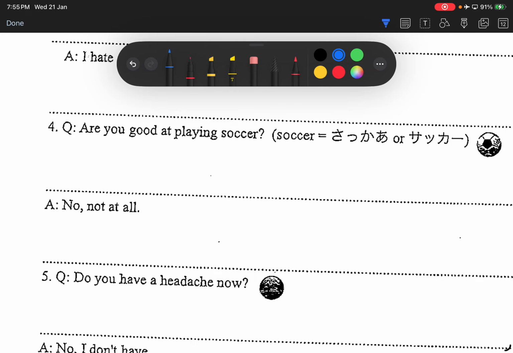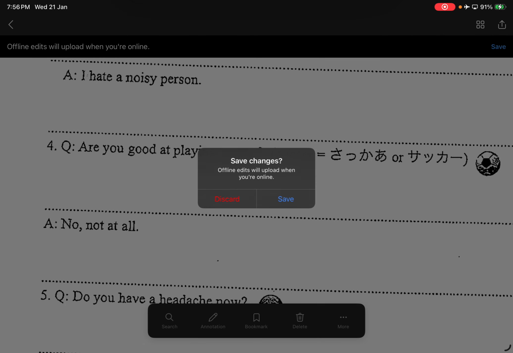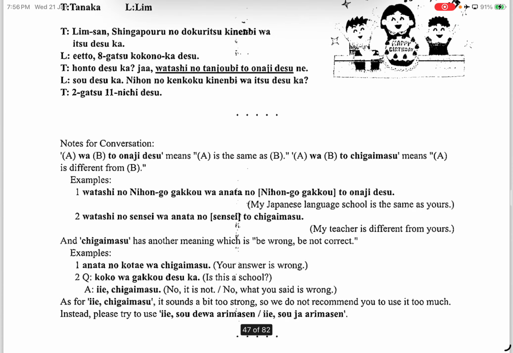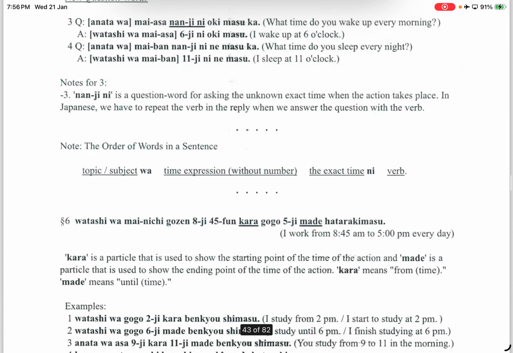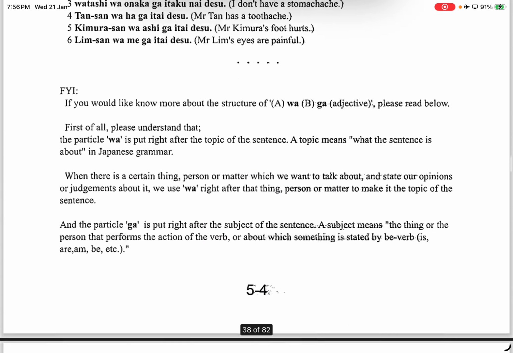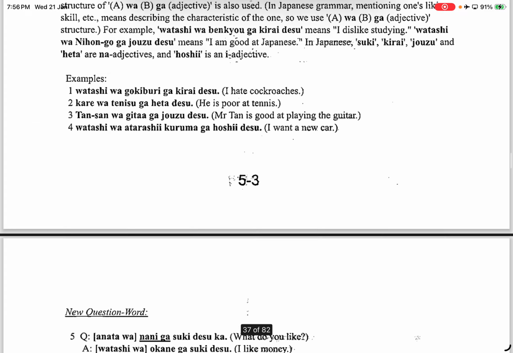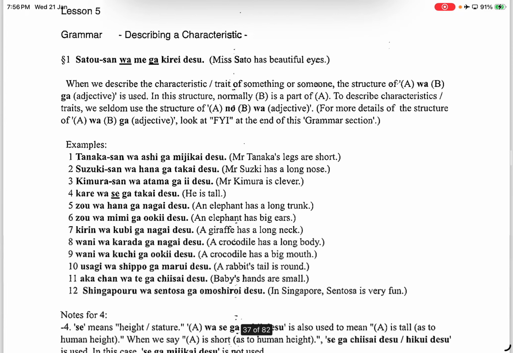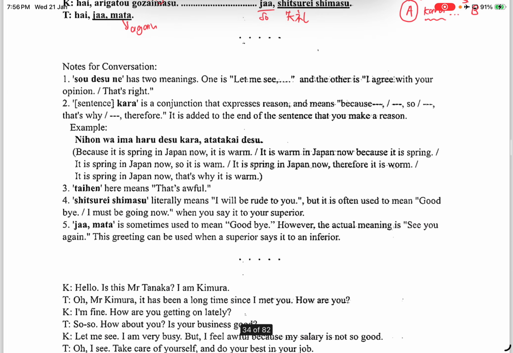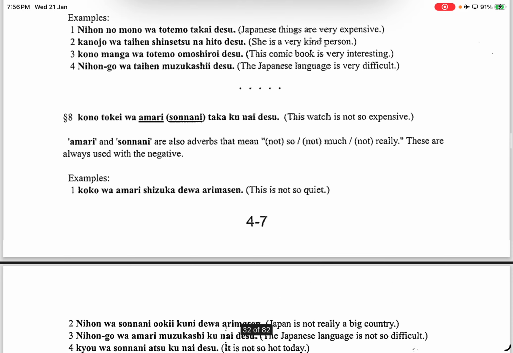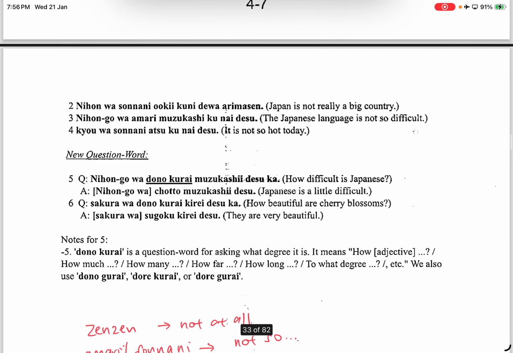Okay, we learn adverbs before, right? We learn adverbs, right? Like we go back to lesson 5, the textbook. The last few pages, we actually learn adverbs. Where is my adverbs?